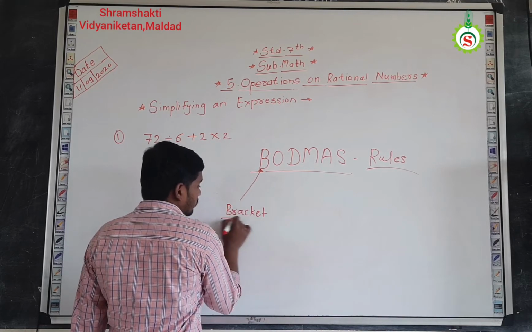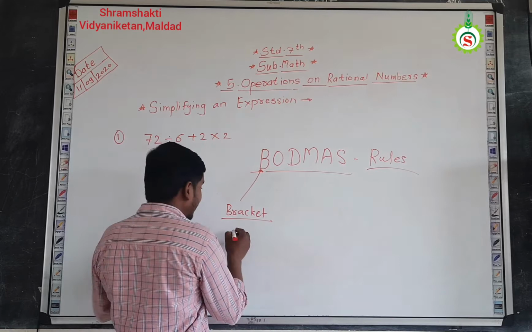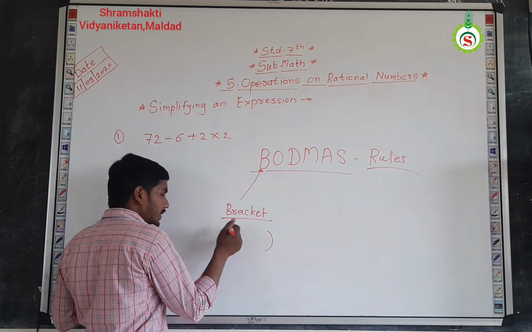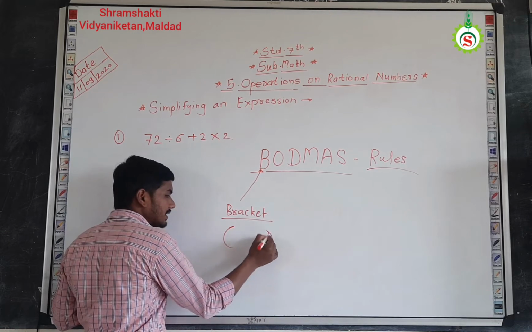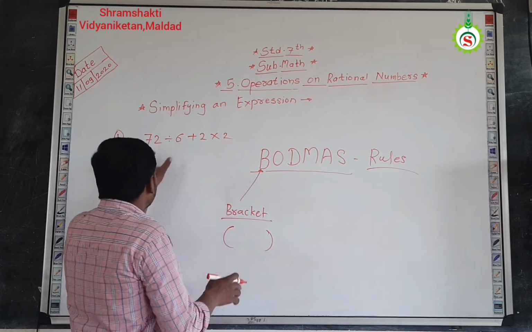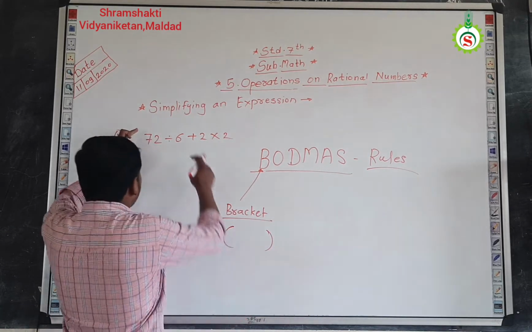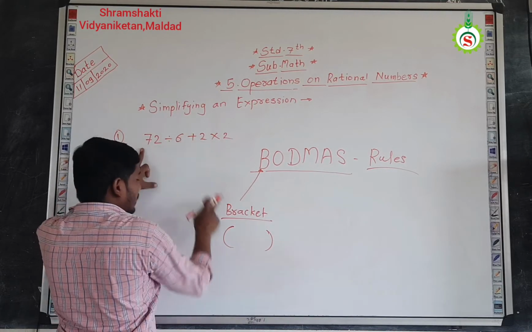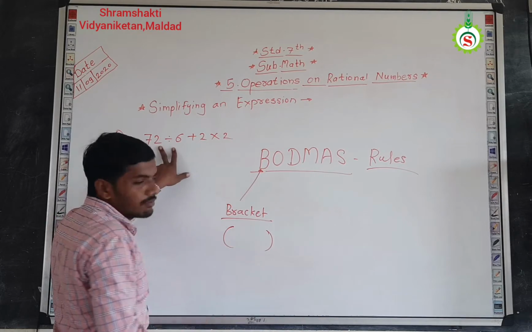Bracket, all of you know what we mean by bracket. Suppose in the expression there is a bracket around any operation. If a division is in a bracket, you have to solve that division first.